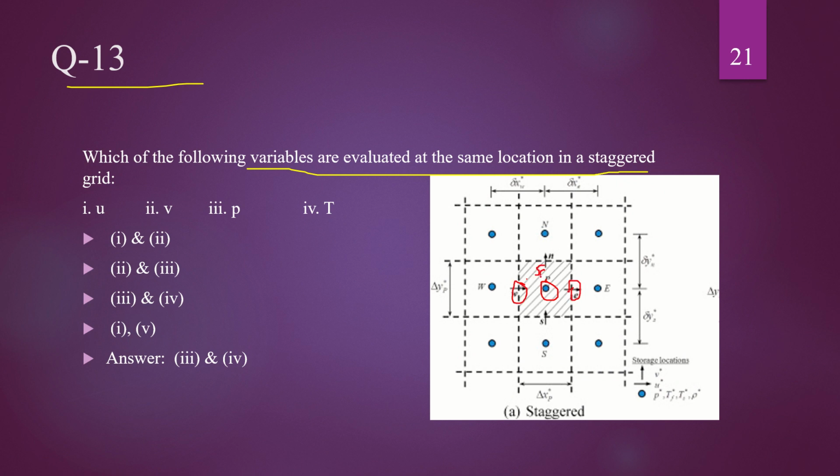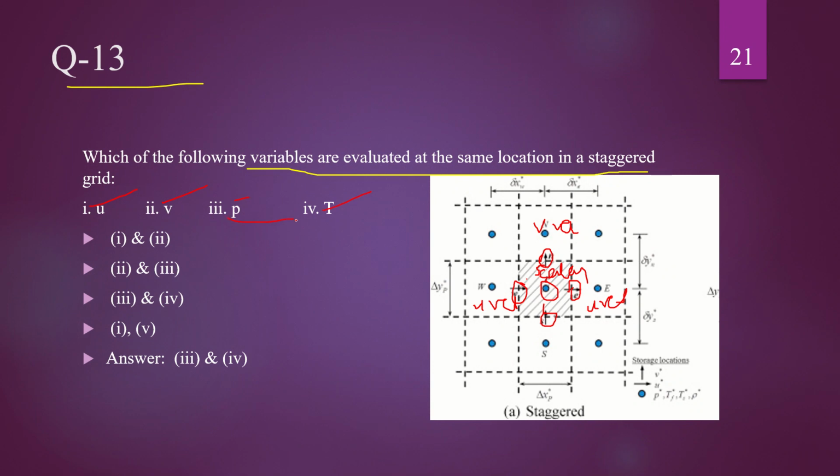This is the scalar, this is u velocity, and these points are used for storing v velocity values. The question asks which of the following variables are evaluated at the same location in a staggered grid: u, v, p and T.